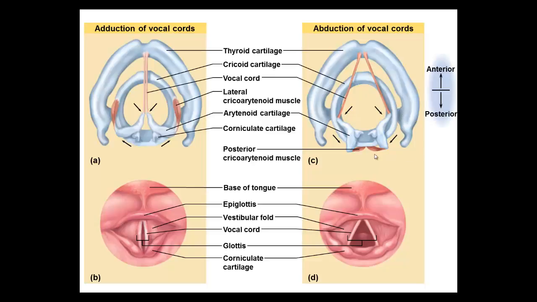The posterior cricoarytenoid brings the arytenoid cartilages this way, and therefore allows the vocal cords to be separated from each other, whereas if the lateral ones contract, you will turn the arytenoid medially, and the tip of the arytenoid will go medially, and therefore that will tense the vocal cords and close the rima glottis. So here is the rima glottis being open, and here is the rima glottis being closed.